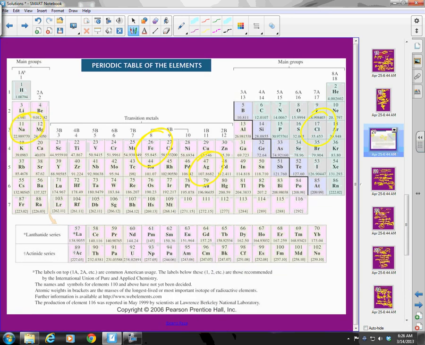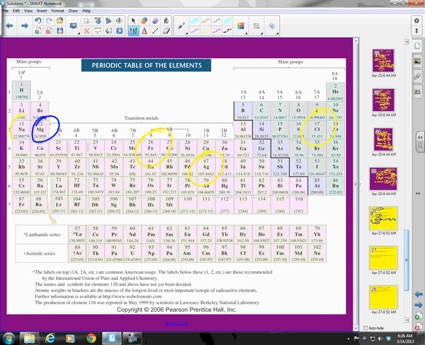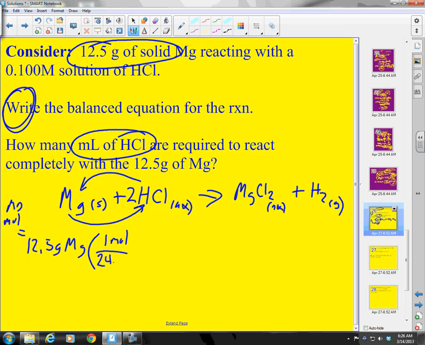Magnesium is 24.31 grams. And what do I get? 12.5 divided by 24.31, and it looks to me like I get 0.5141 moles of magnesium. Good.